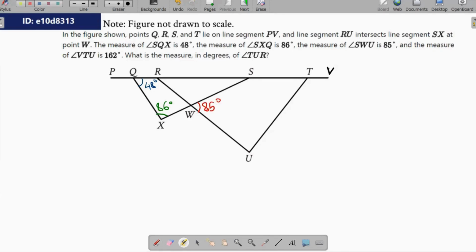The question is asking to find this angle right here, the angle TUR, knowing also that the angle VTU is actually 162 degrees.